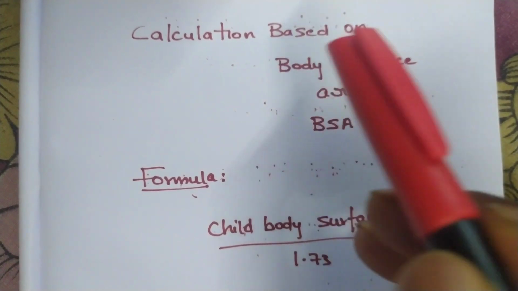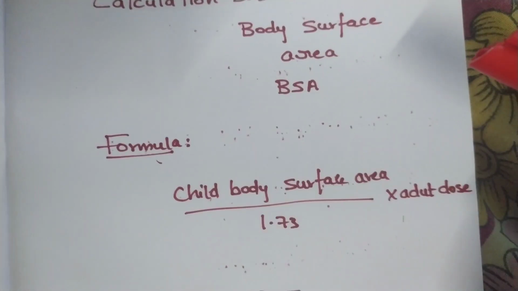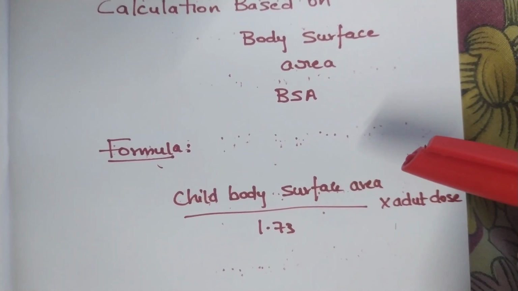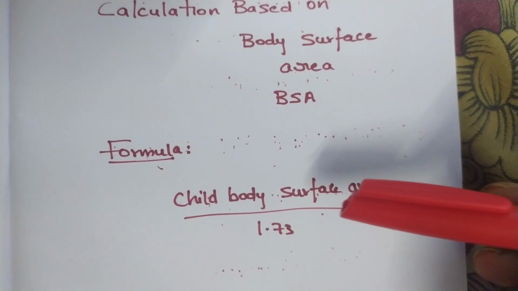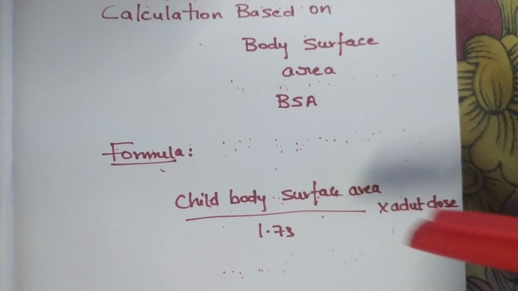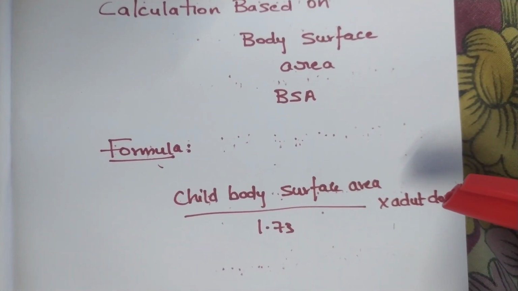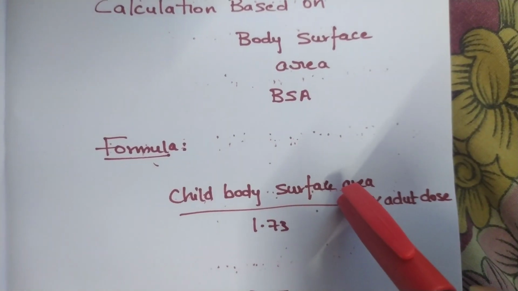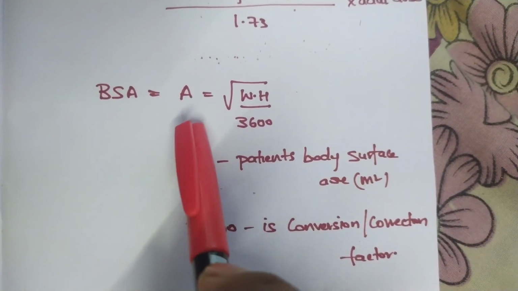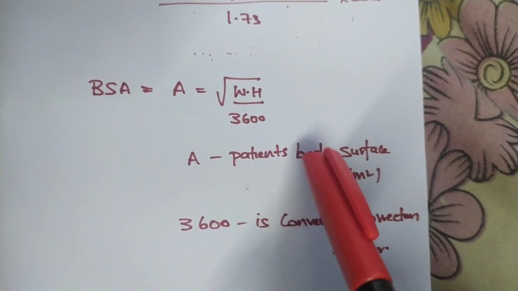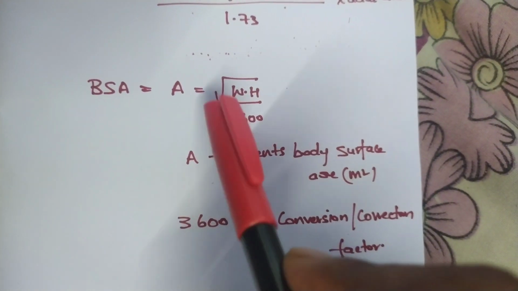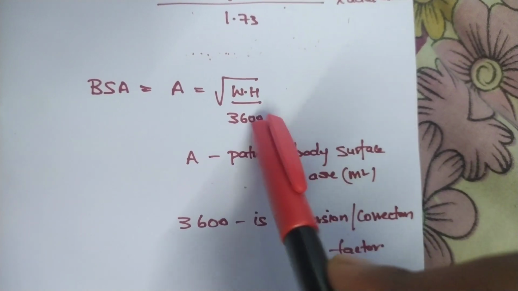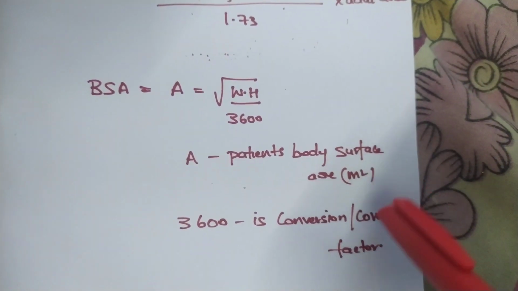The next formula is calculation based on body surface area. The formula for this is child body surface area, that is BSA, by 1.73, which is the average body surface area of an adult in meter square, into adult dose. To calculate the body surface area, there is another formula: the patient's body surface area A in meter square is equal to root over weight of the patient into height of the patient by 3600, which is the conversion factor.